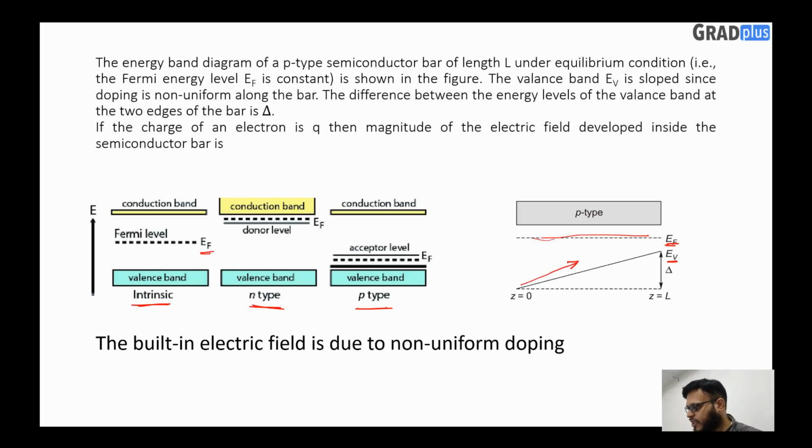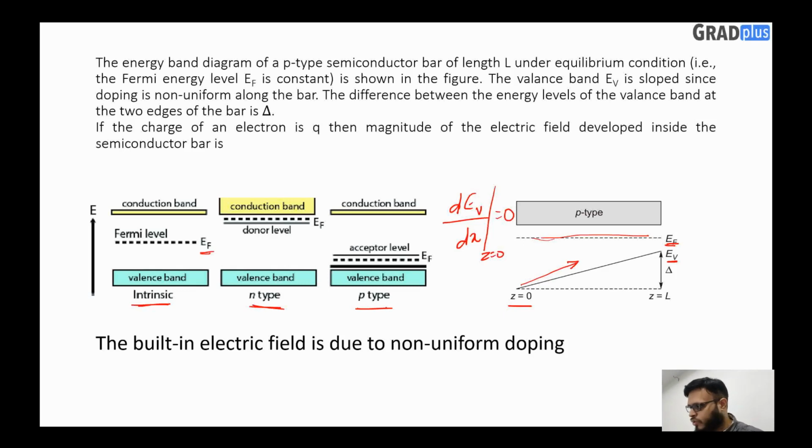At z equal to 0, you have zero displacement of the Fermi energy level from the intrinsic level. So we can write the change in EV for z equal to 0 is 0, means it is in place. Now it is moving and linearly it is changing.